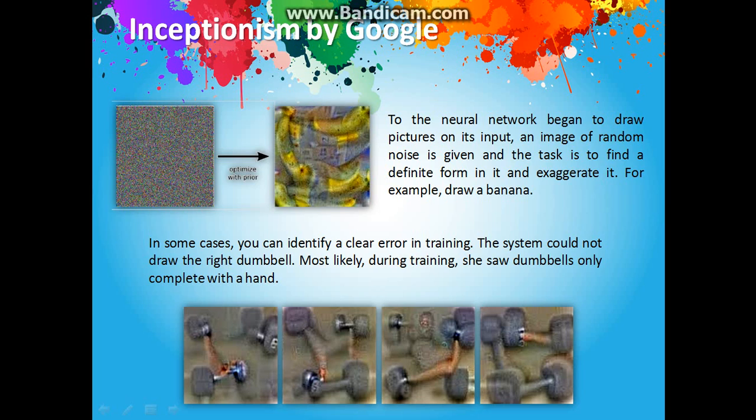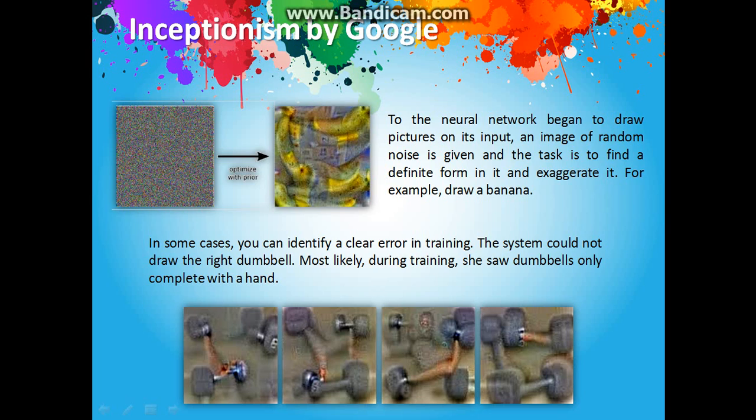To make the neural network draw pictures, on its input an image of random noise is given and the task is to find a definite form in it and exaggerate it. For example, draw a banana. This is necessary in order to understand whether the neural network has learned to recognize this or that image.